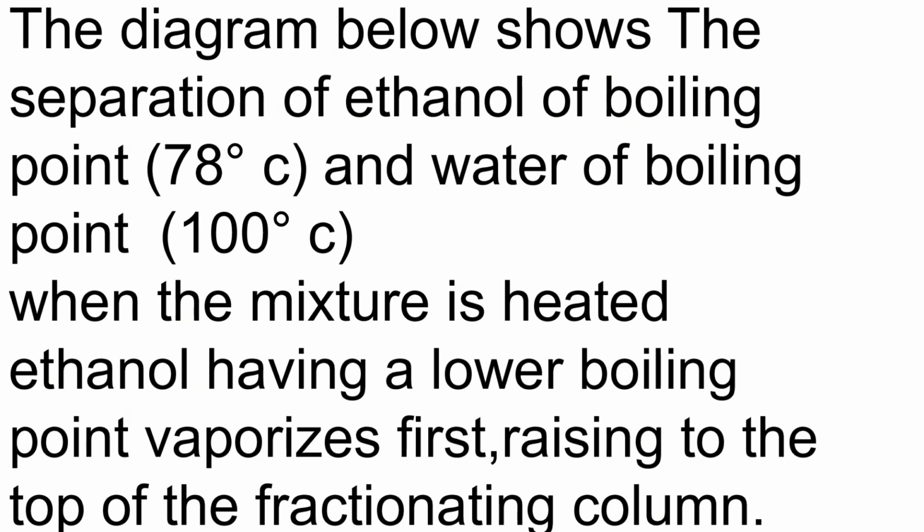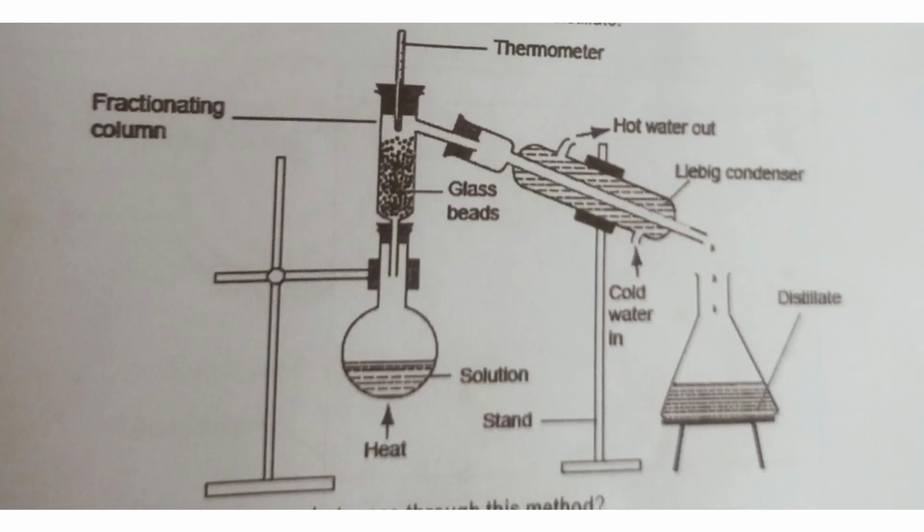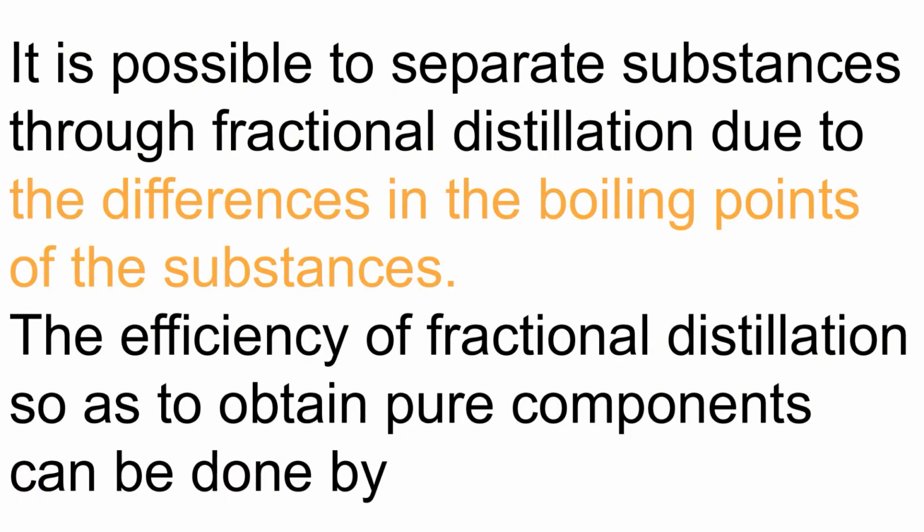When the mixture is heated, ethanol having a low boiling point vaporizes first, rising to the top of the fractionating column. It then condenses in the Liebig's condenser and is collected as a distillate. It is possible to separate substances through fractional distillation because of their differences in boiling points. So that is one of the factors that make it possible for substances to be separated by fractional distillation.